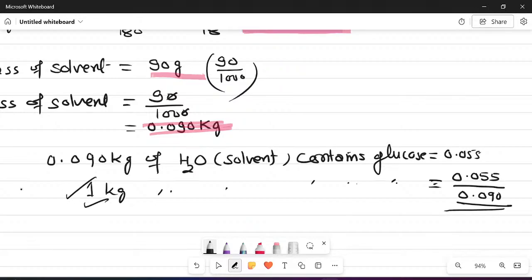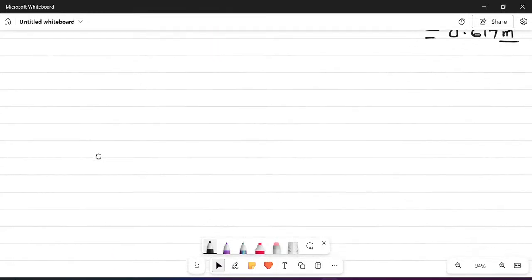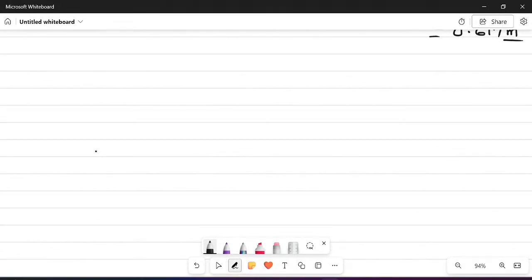So this is your molality, and if you solve this, it comes out to be 0.617 m, and small m indicates molality, not meter. Capital M indicates molarity.